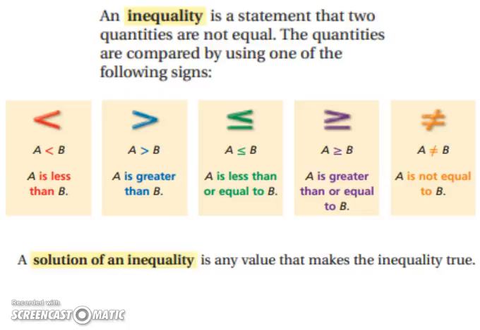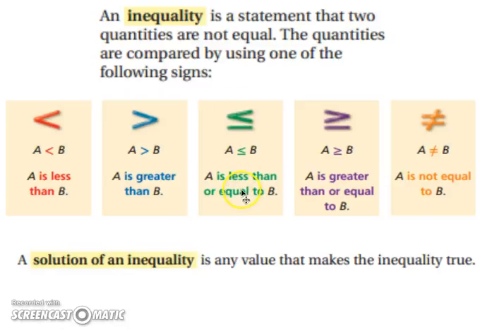An inequality is a statement that two quantities are not equal. The quantities are compared by using one of the following signs. So in the first diagram here, we have A is less than B. In the second one, we have A is greater than B. As soon as you have a line underneath an inequality symbol, you're dealing with less than or equal to or greater than or equal to.